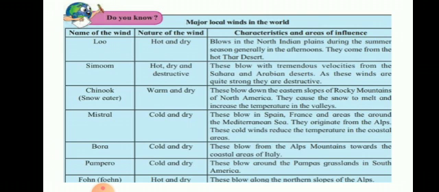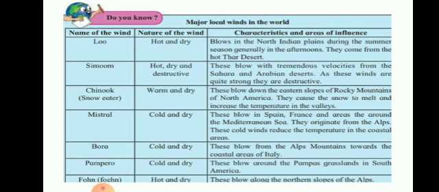The name of the wind is given first, then the nature of the wind, and the characteristics and areas of influence. Read it carefully in detail. Right now, I will just read out the names and the nature. Loo, hot and dry. Simoom, hot, dry, and destructive.